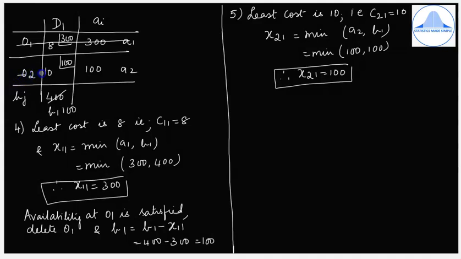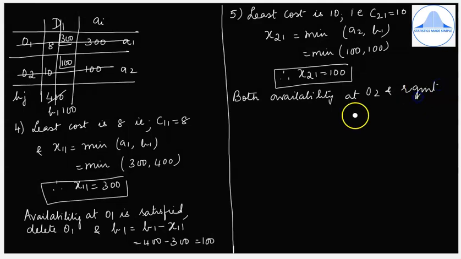So you have to cancel out O2 and then you cancel out even D1. So we write both availability at O2 and requirement at D1 is satisfied. So you delete O2 and D1, and now the problem ends because we have completed all the costs.